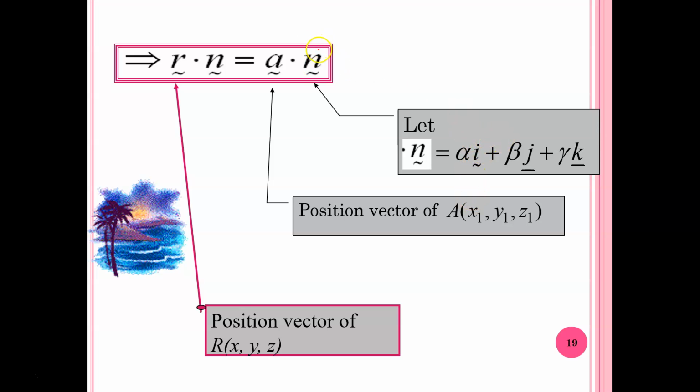N is normal, okay? Normal vector. So this is how you write down a plane.